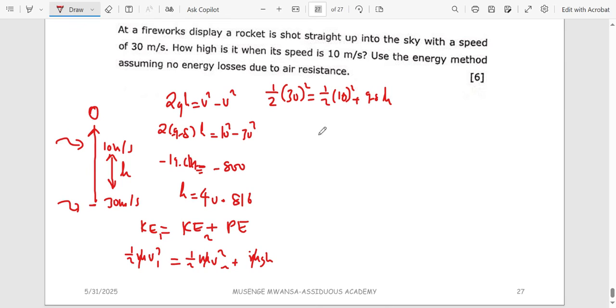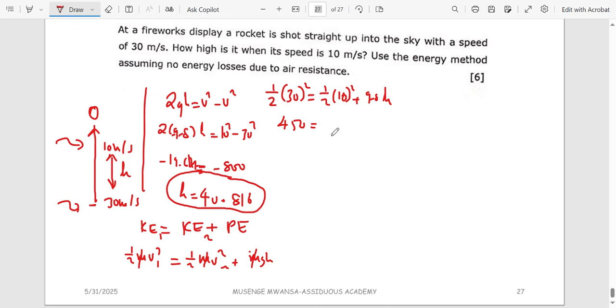Okay, so I actually already determined the height. I used forces to find the height. So we can also use conservation of energy. So this will be half of 30 squared, which is 900 divided by 2. This is 450.